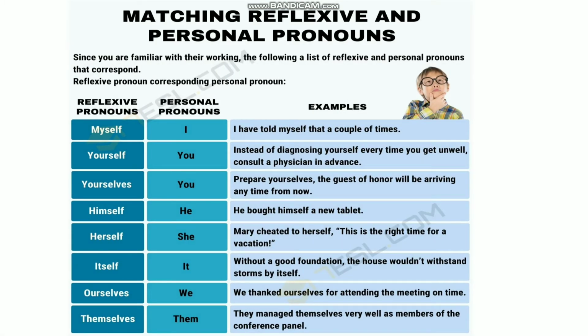Now we shall have a look at reflexive pronouns that correspond to the personal pronouns. I, myself; you, yourself; he, himself; she, herself; it, itself; we, ourselves; and they, themselves.